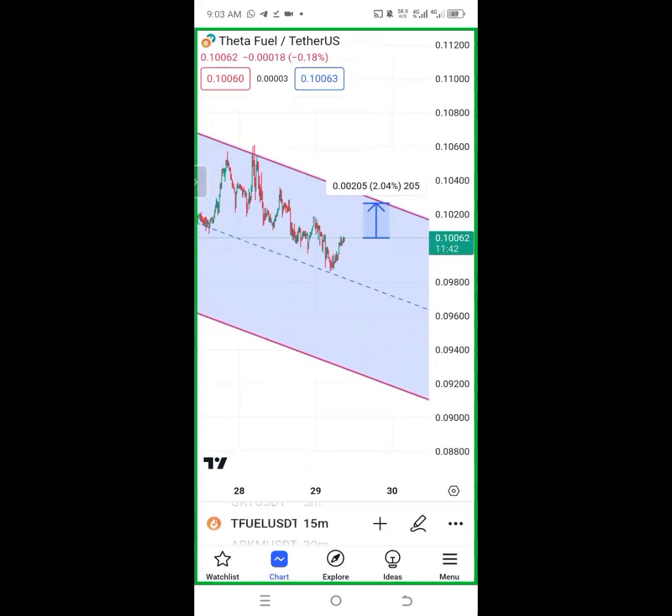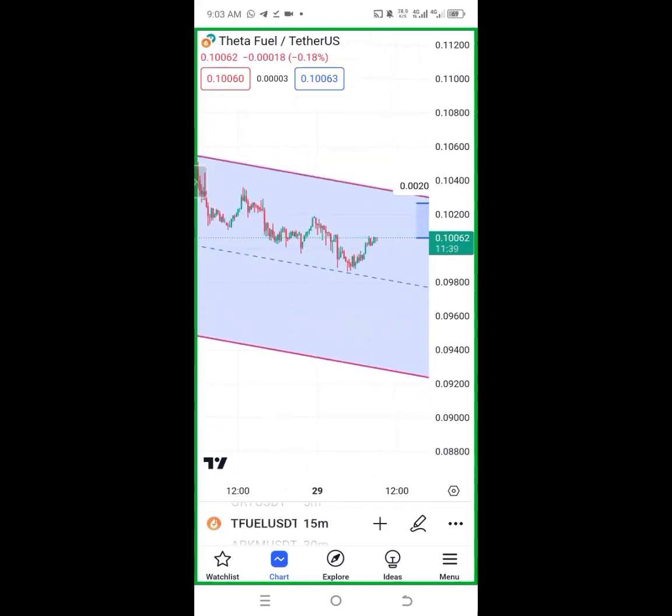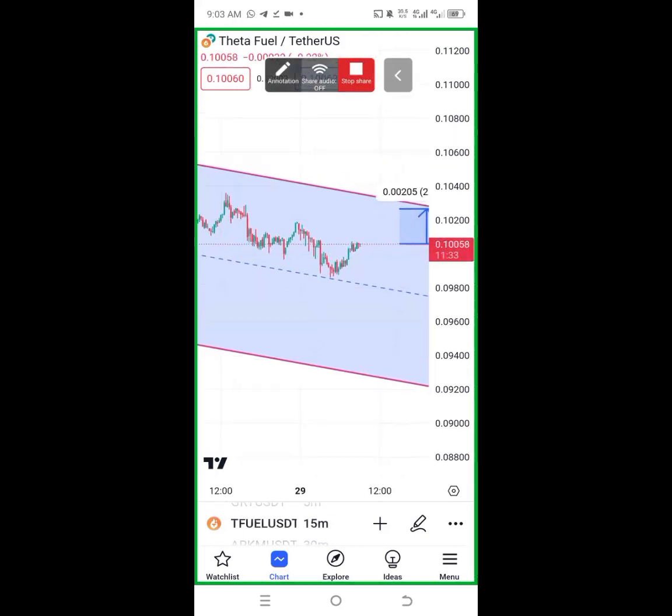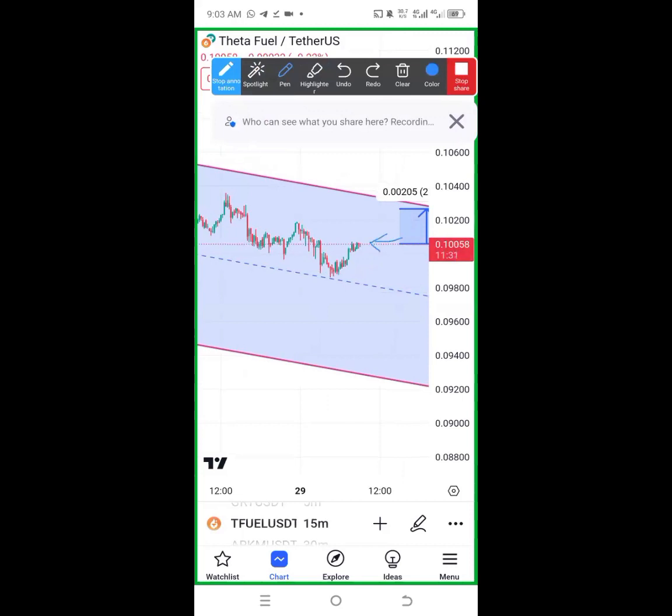Like in this case, you see here, it was hidden. But from the look of things, if you check on it and magnify, you realize that the price is at this point. And if you check this point, it is a resistance area.